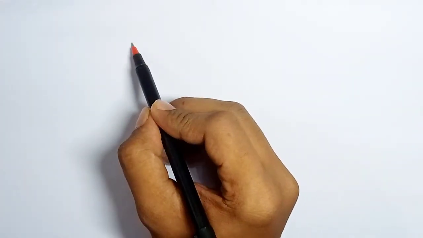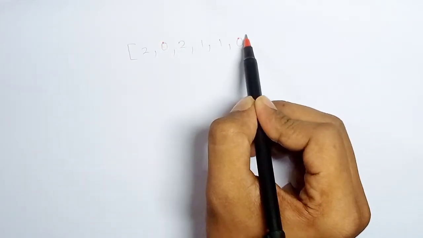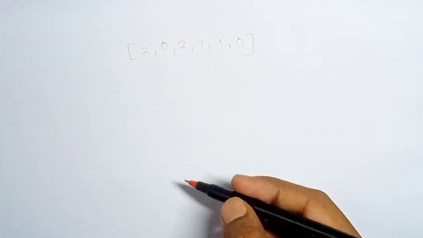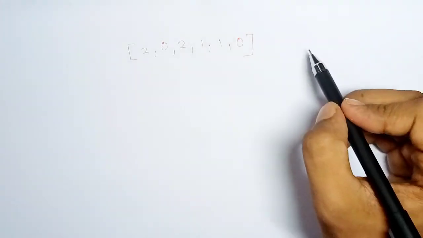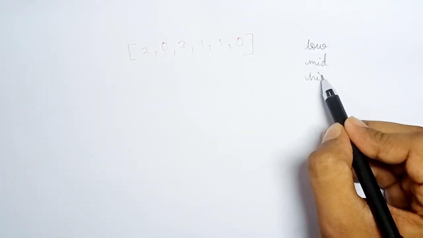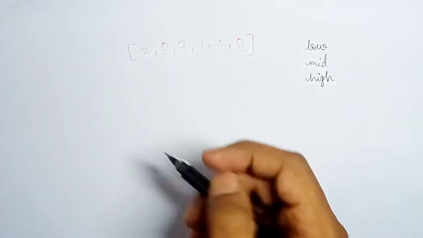So we have this input array of 2, 0, 2, 1, 1, 0. Let's suppose this is the nums input array. We have three variables, low, mid and high, all pointing to different places inside the nums array.